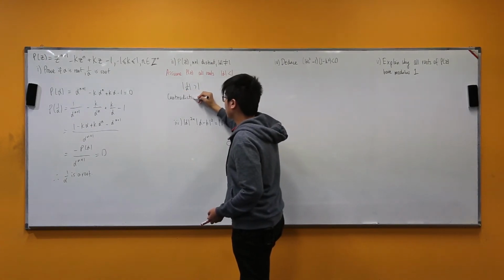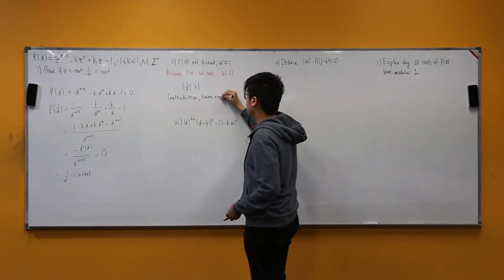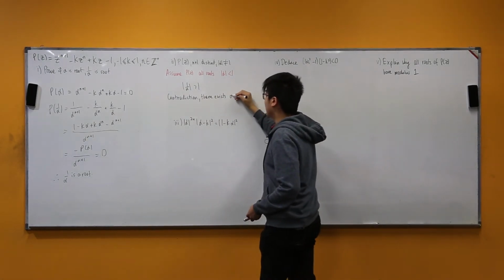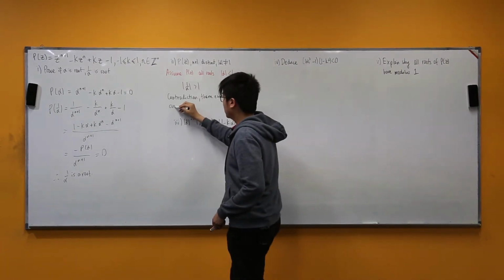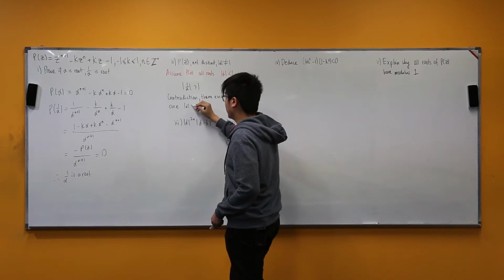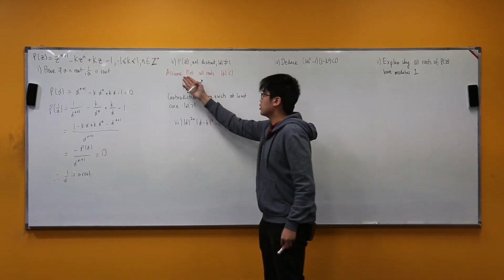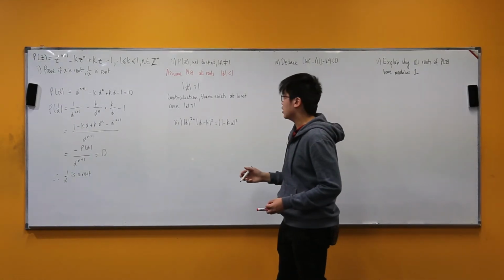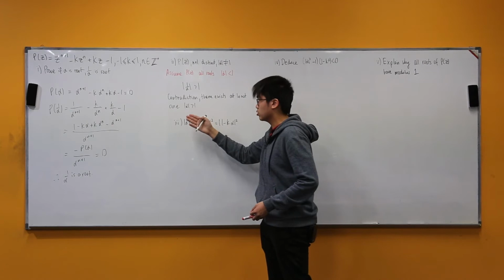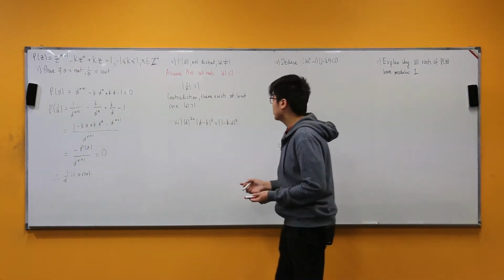And therefore, your assumption is wrong, meaning that there exists at least one root alpha where it's greater than 1. Because all we assumed here is that every single root was less than 1, the modulus. So the contradiction, the opposite, would be there exists at least one alpha greater than 1.